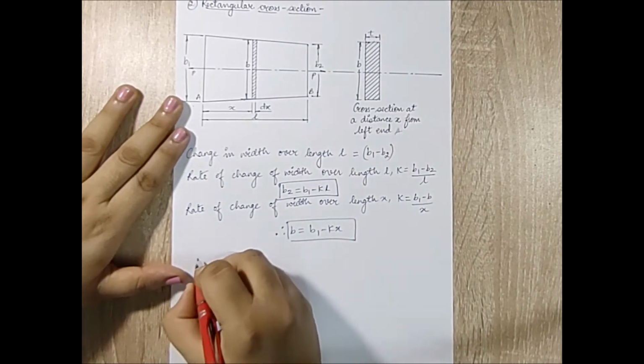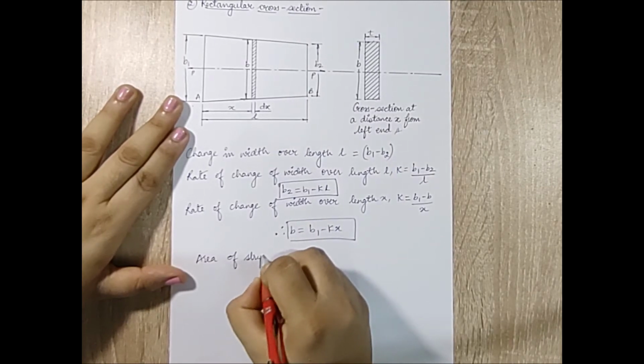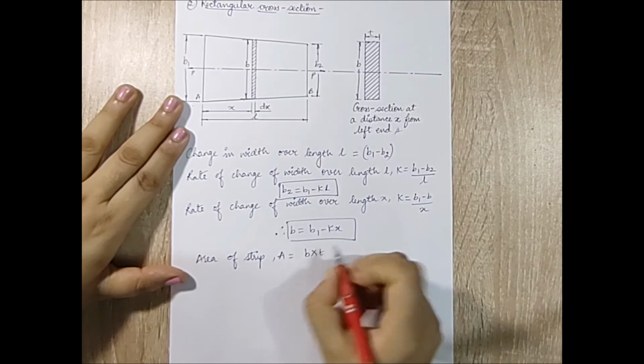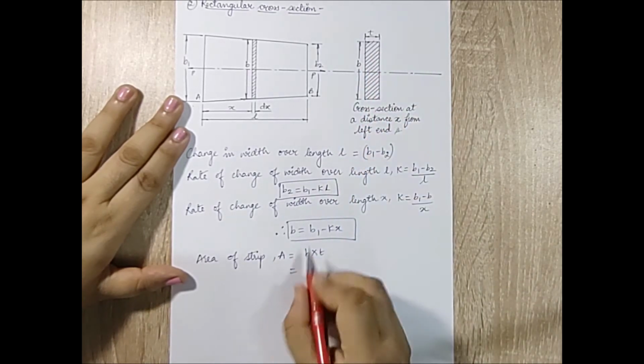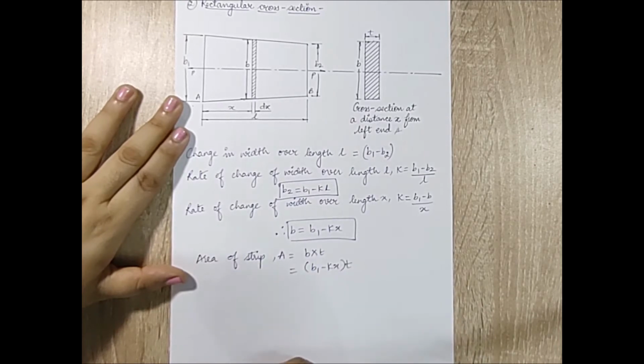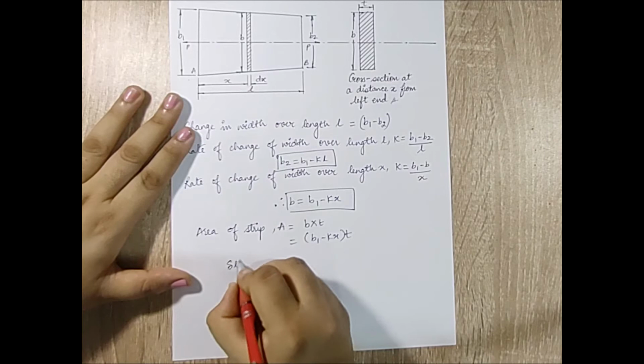After this I am going to calculate the area of strip. So I call it as A. It will be B into T. As you can see, B will be B1 minus KX into T. Then I'll talk about elongation of this small strip.